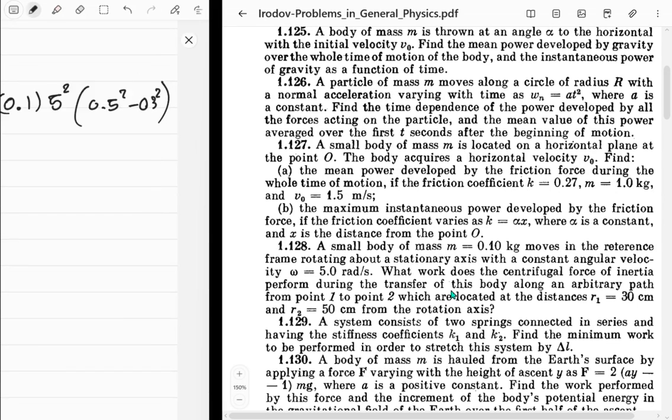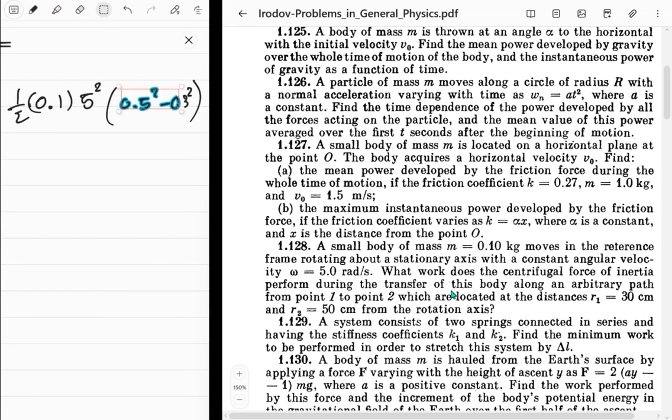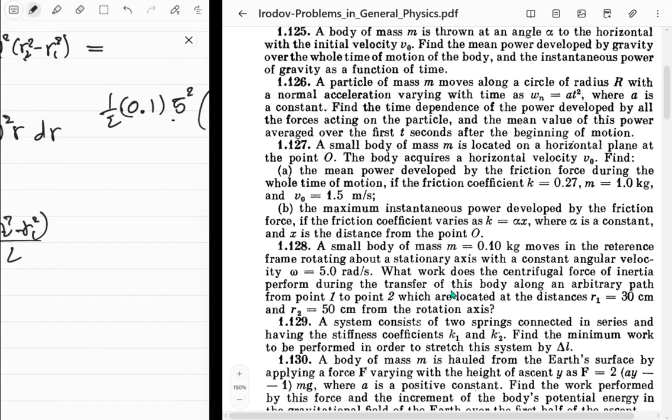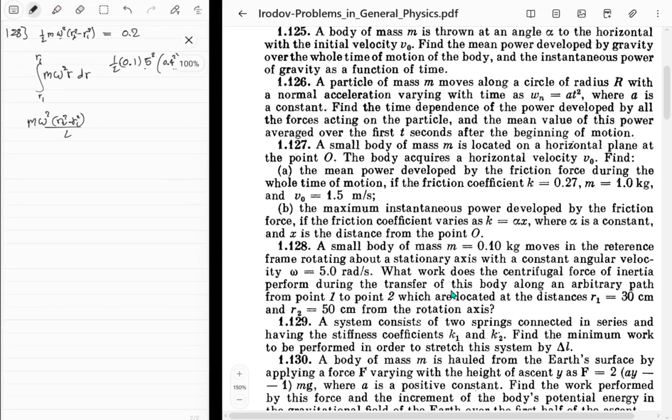So it's basically 0.4 squared, right? Yes. So we can write this as (5 times 0.4) squared, so basically 2 squared, 4. 4 upon 2 is 2. So 2 times 0.1 is 0.2. So this will be the answer.